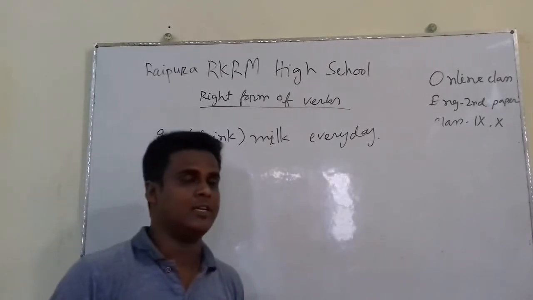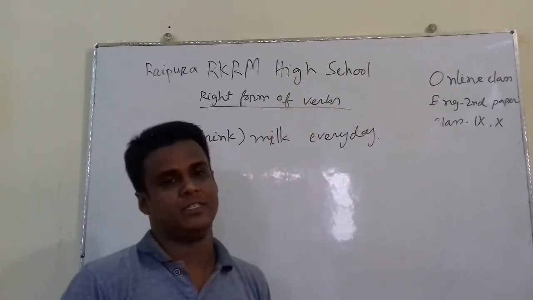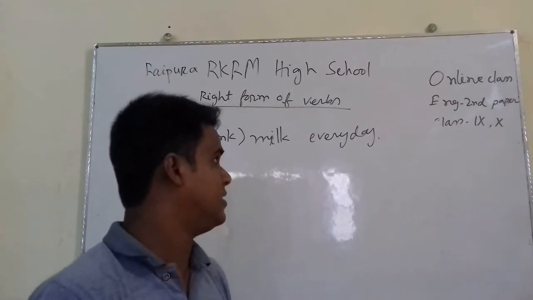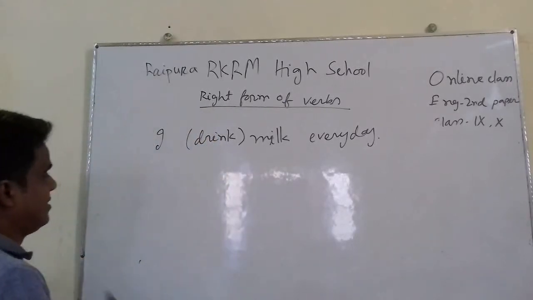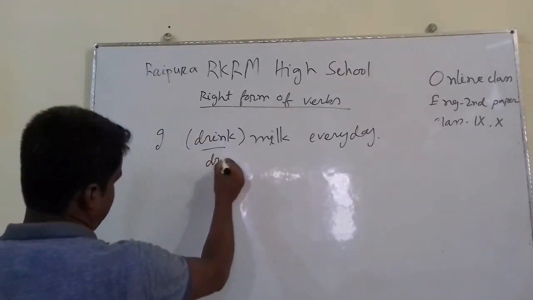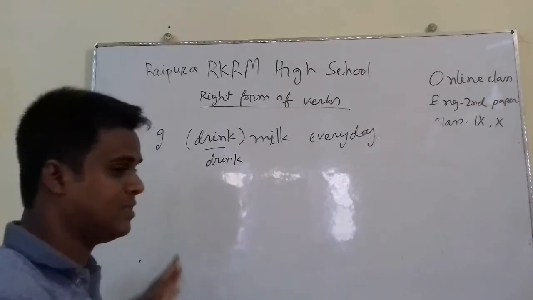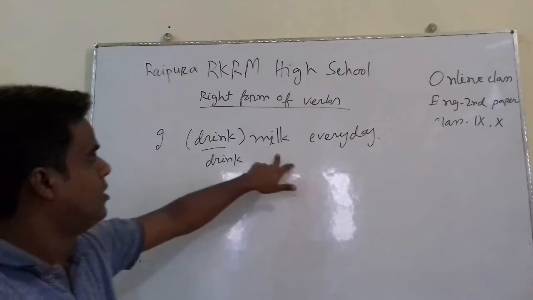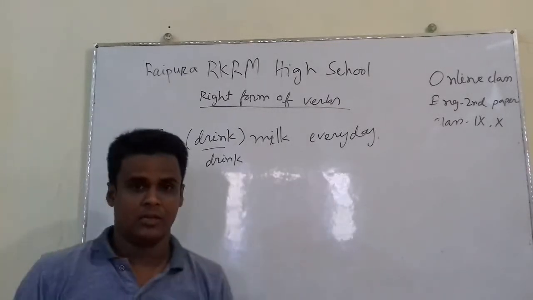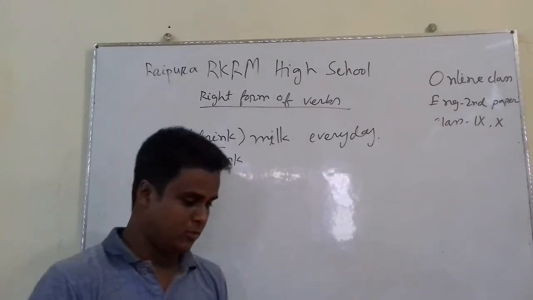I do it regularly. So when we do any activities regularly, then we will have to use present indefinite tense. So what will be the correct answer here? The word drink shall remain drink, as the structure of present indefinite tense is subject, verb, object, and extension. Okay, so I hope this one is clear to you.